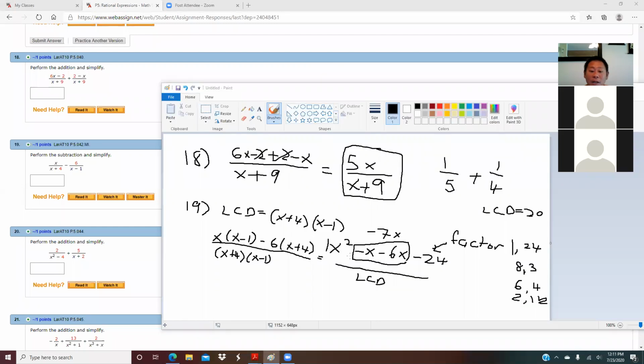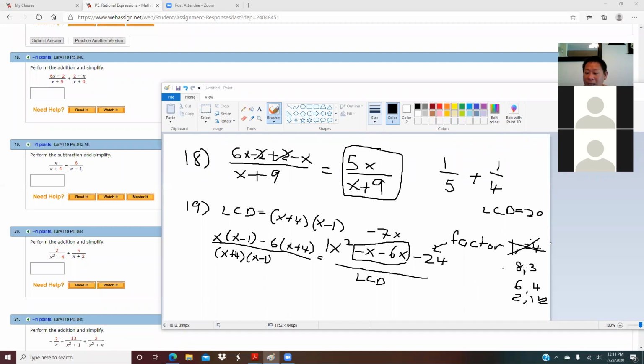So what you do here is you figure out which pair gives you -7x. 1 and 24 doesn't work, because if you add or subtract them, you won't get 7. 8 and 3 and 3 and 8 are the same, so you don't worry about that.